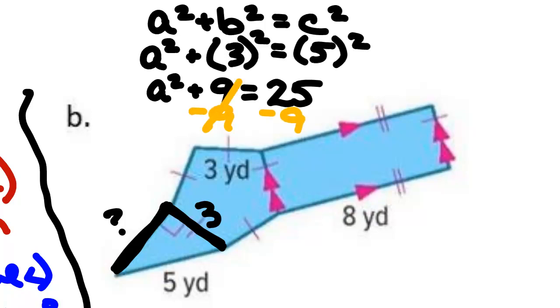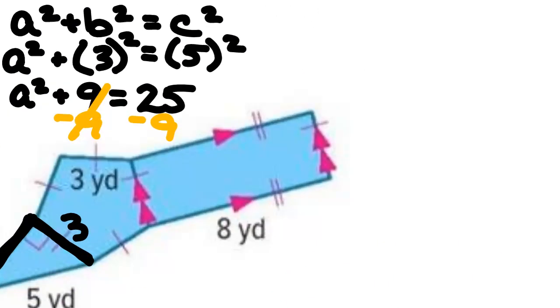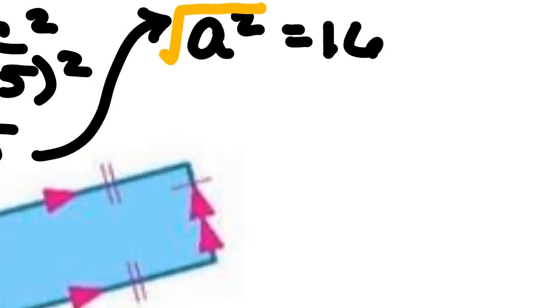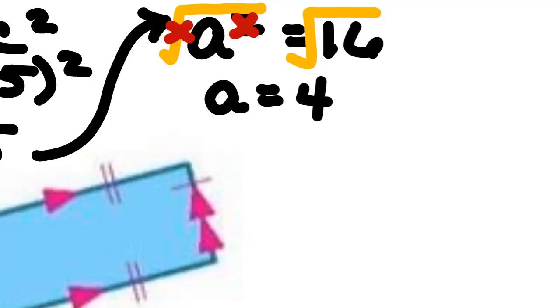What is 25 minus 9? 16. So I have A squared equals 16. Then to get the A all by itself, we're going to take a square root of both sides. The squared and the square root cancel each other out over on the left. And that means A is what? A is 4.